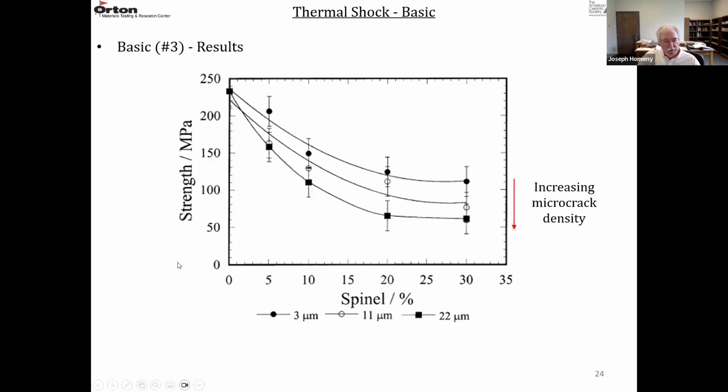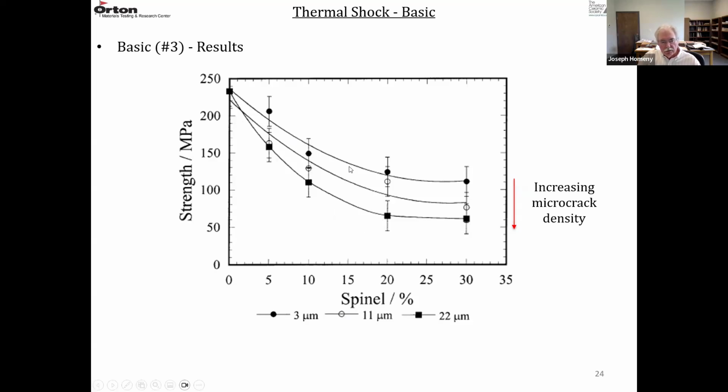So strength was measured as a function of the spinel content from 0 to 30% spinel. So the closed circle is the 3-micron diameter spinel. The open circle is the 11-micron diameter. And then the solid square is the coarsest spinel addition, 22 microns.